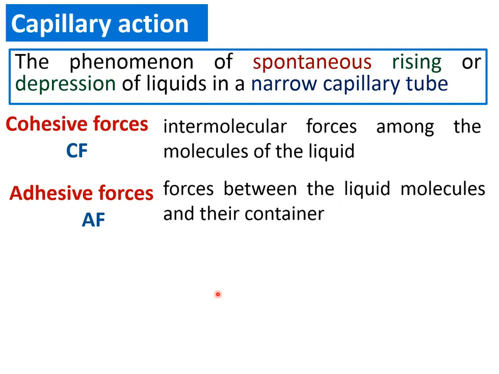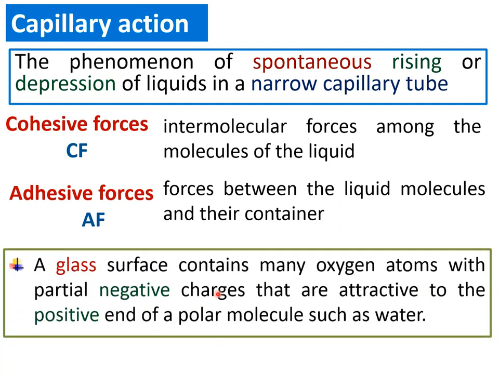So if you have water in a glass container, the intermolecular force between water molecules is called cohesive force, and the forces between water and the glass is called the adhesive force, okay?